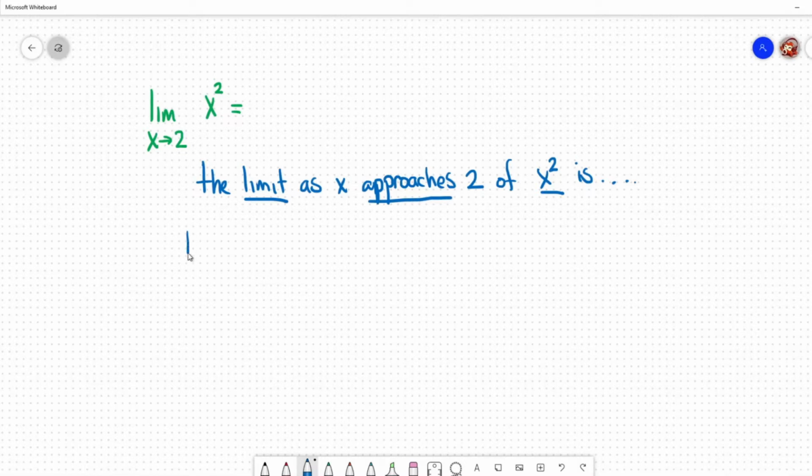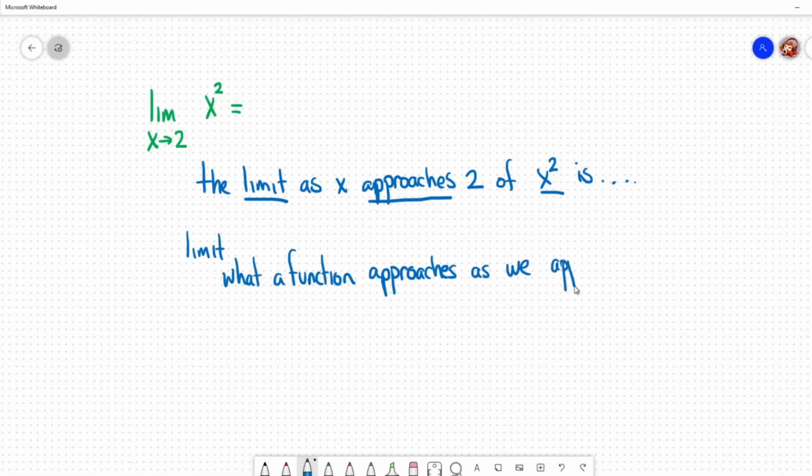So the limit is what a function or expression, it doesn't have to be a function per se, approaches as we approach a particular x.